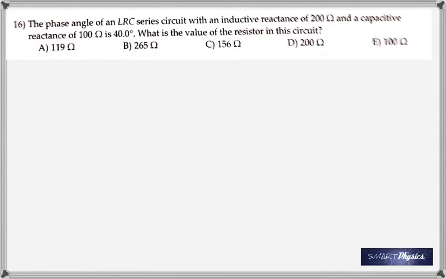And here it says the phase angle of an LRC series circuit, inductive reactance given 200 ohm, capacitive reactance 100 ohm, and the phase angle is 40 degrees. Phase angle is given by tan phi equal to XL minus XC divided by the resistance.